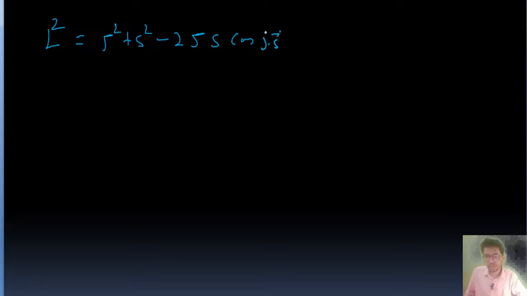So from here, L square equals J square plus S square minus 2 J S cos theta, or 2 J dot S, right?